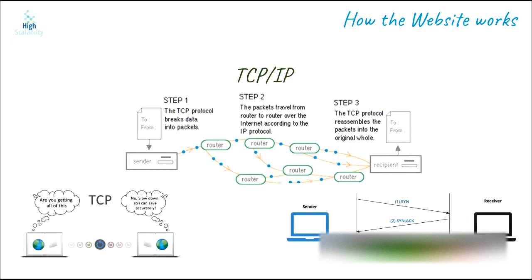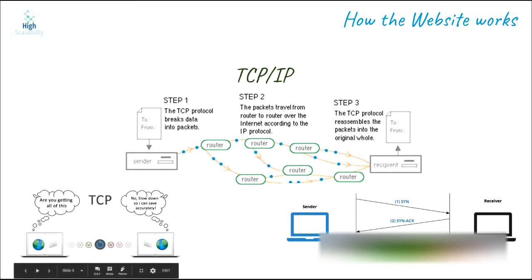Let's say we have the TCP/IP. What TCP/IP does is it breaks down the packet and it moves down to the network layer and hops from router to router to make sure it reaches the destination properly. TCP/IP also controls the flow.